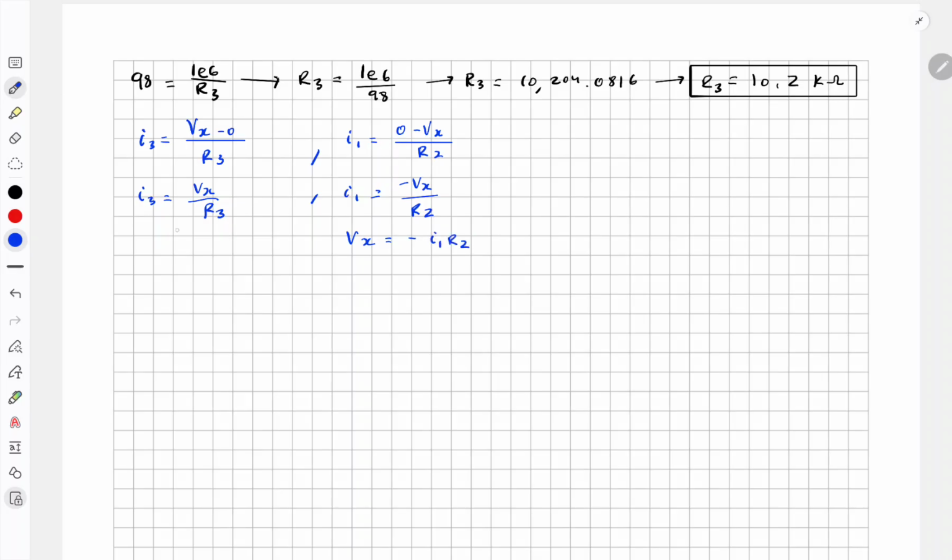And in this place Vx is equal to I3 R3. So then we set the two equal to each other. So then we say I3 R3 is equal to negative I1 R2.